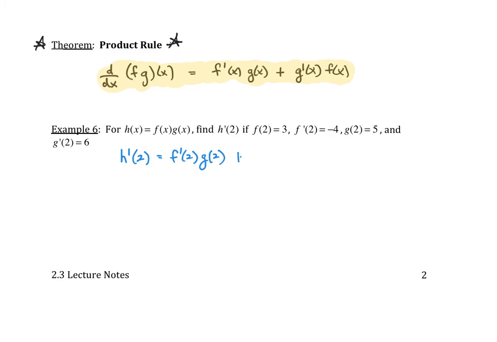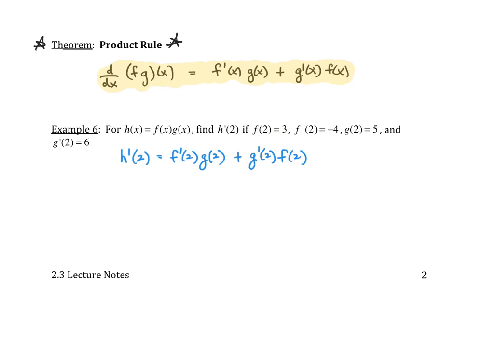Then I'm going to add when I take the derivative of the second function, g, plug in the 2, and then multiply by the first function, f, at 2 like this. Okay, so I hope you could see that all I did was call my h prime this derivative of the product, and then I simply applied the product rule formula. It's the derivative of the first times the second plus the derivative of the second times the first.